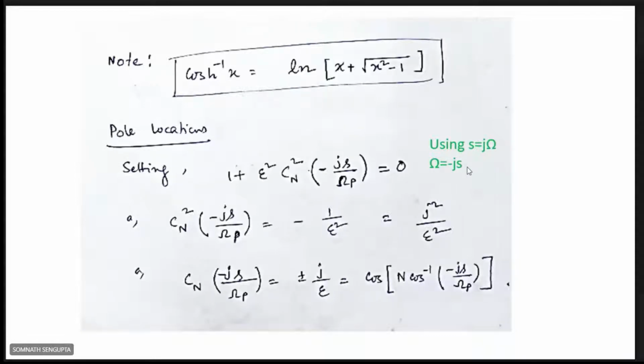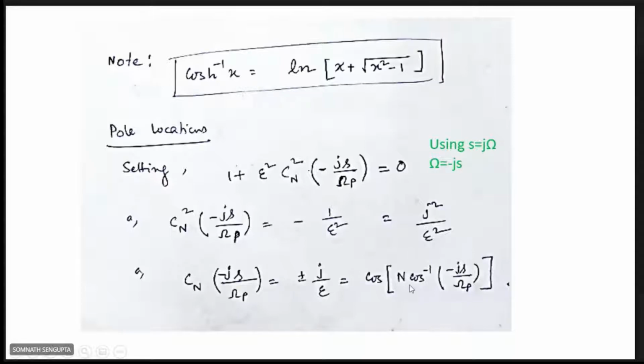Setting the denominator to 0, we get Cn square of minus js by omega p equal to minus 1 by epsilon square, that is j square by epsilon square. Both sides are squared, so the square can be cancelled out, and Cn of minus js by omega p is equal to plus minus j by epsilon.